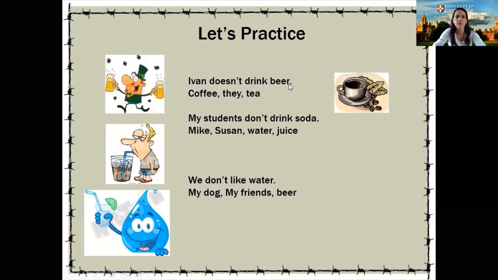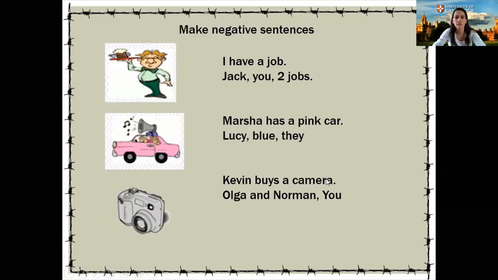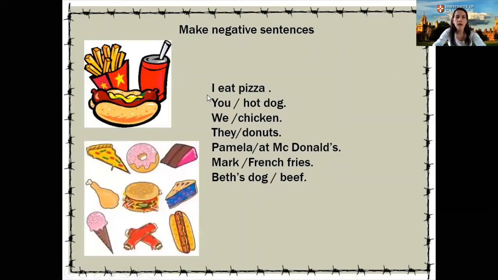Okay, let's read the examples. Ivan doesn't drink beer. My students don't drink soda. We don't like water. Okay, I have a job. Marcia has a pink car. Kevin buys a camera. I eat pizza. You eat hot dogs. Very good.